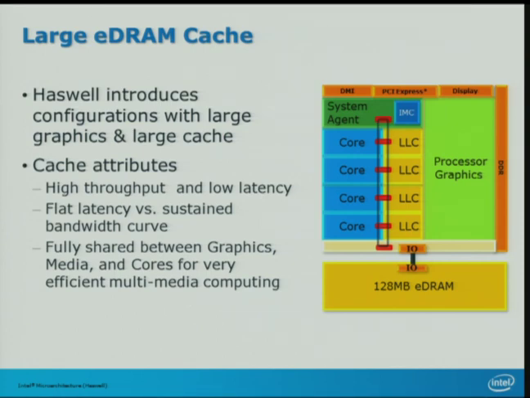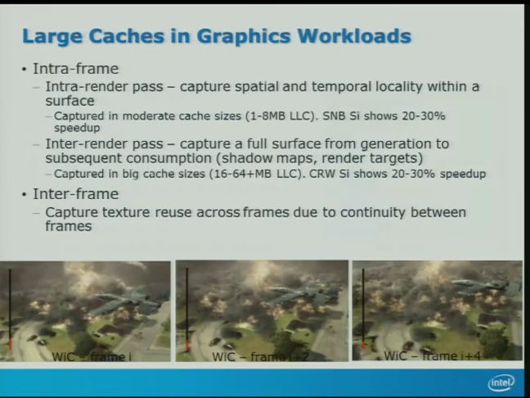As I said, this is fully shared between the graphics, the media, and the cores. If you write for cache well, you actually get really good behavior even with random code, we've found. But if you do some amount of coding and optimization for utilizing the cache, you can have extremely good, efficient computing through this huge cache.